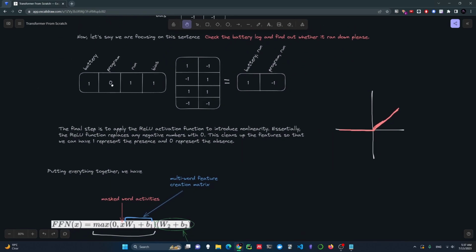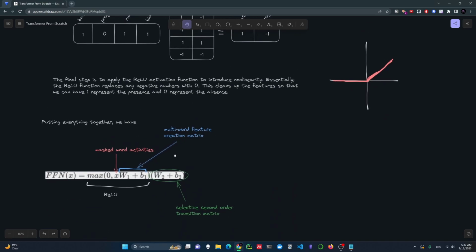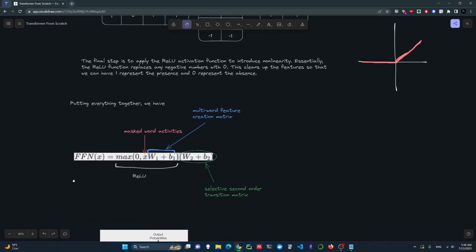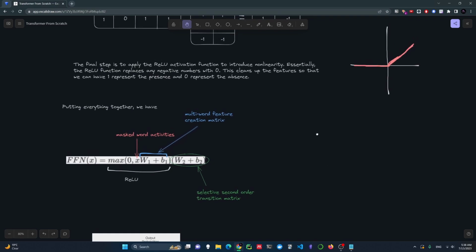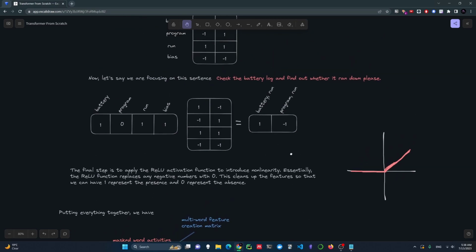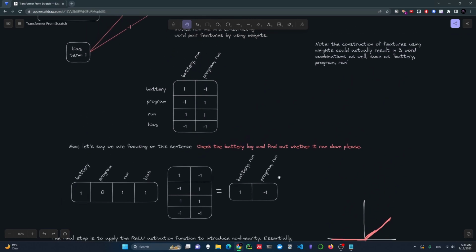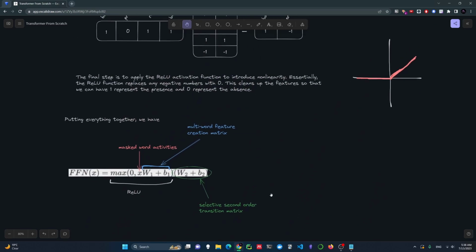Then we take the max between 0 and whatever we have here. And finally, we multiply by the selective second order transition matrix. And that's it. It's pretty simple, and I know this is probably a lot to take in. It will make sense eventually after we put everything we have learned together. Feel free to review the video.